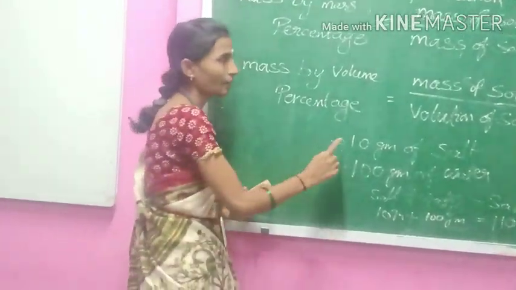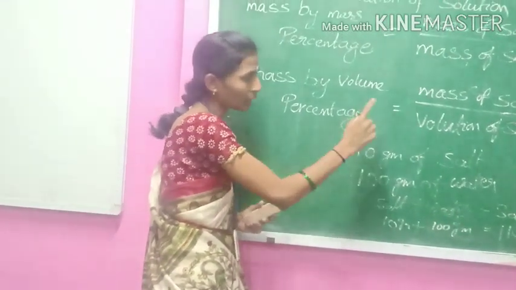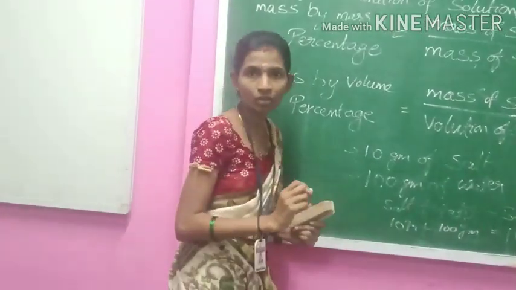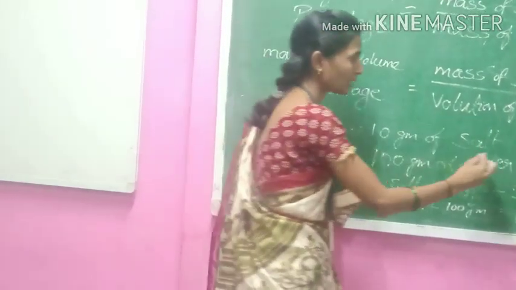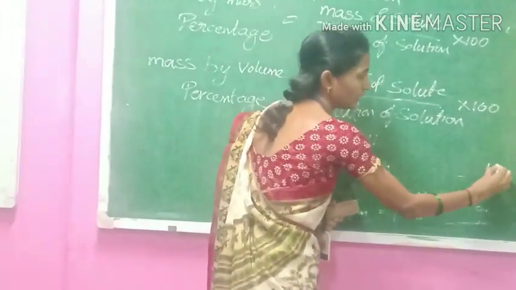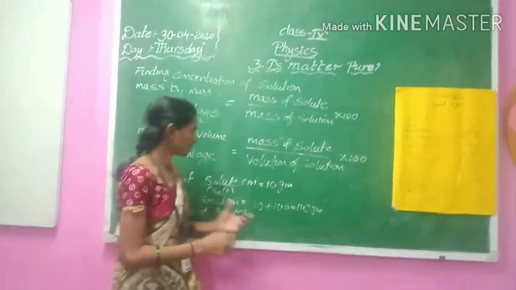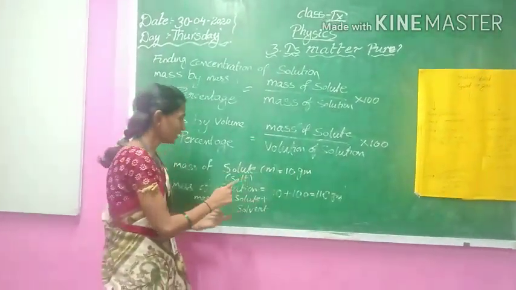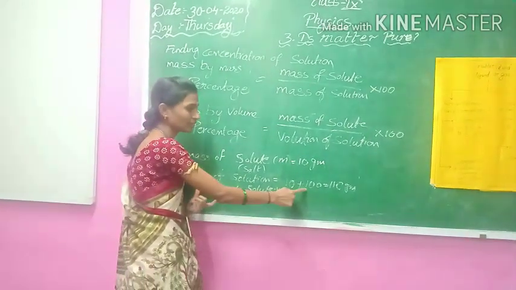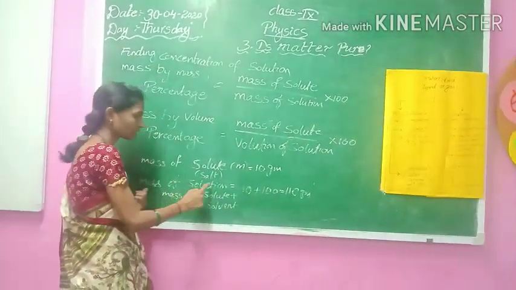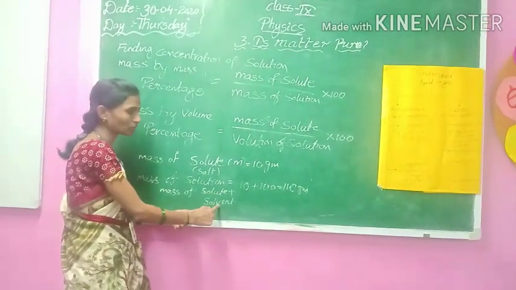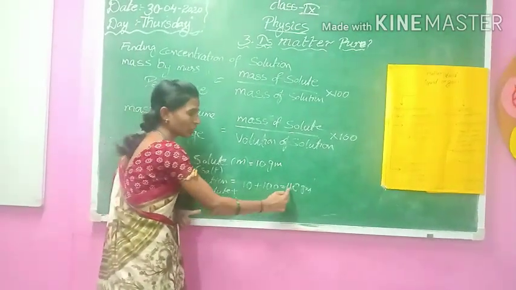The formula is mass of solute by mass of solution into 100. Here the mass of solute is 10 grams, and the mass of solution is mass of solute plus solvent, which is 10 plus 100, 110 grams.